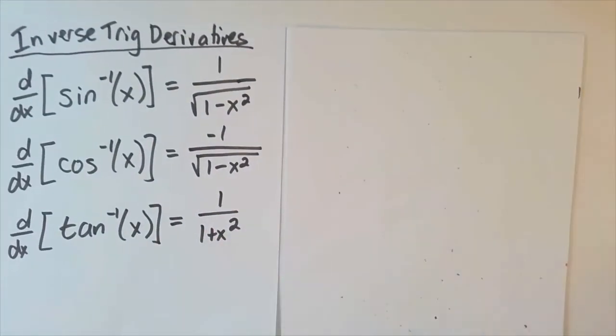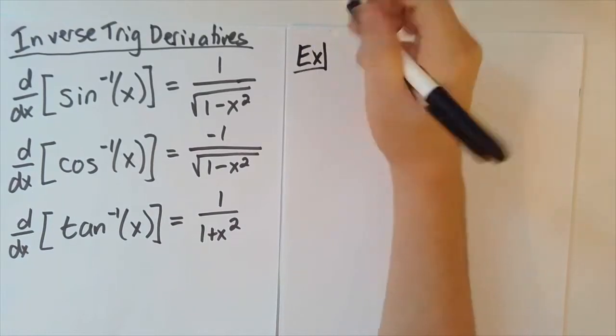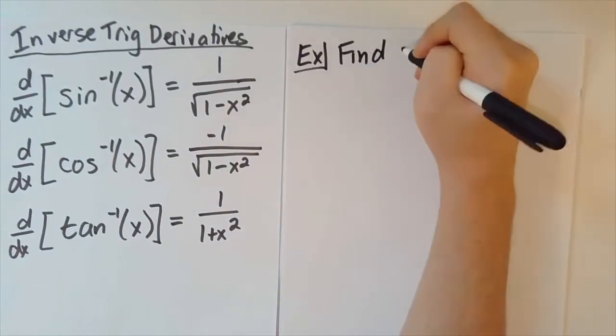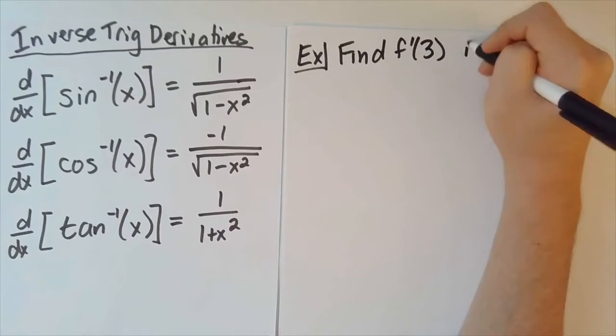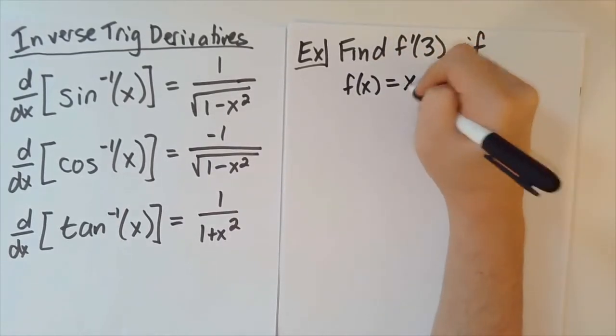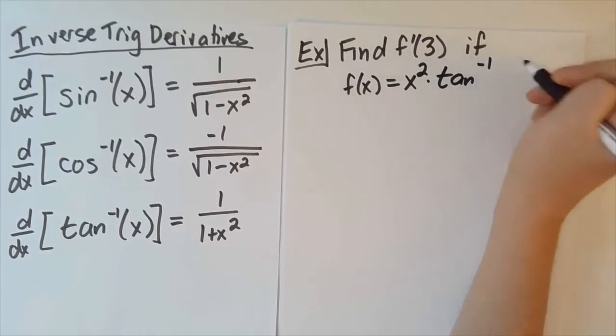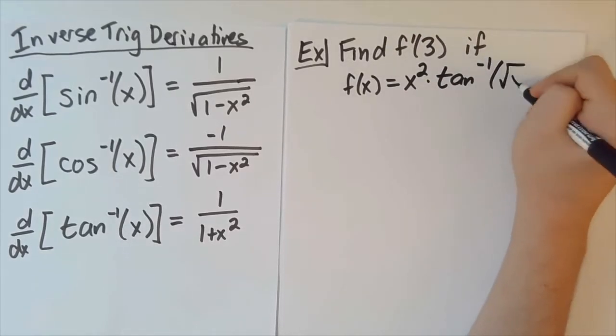Okay. Let's start with an example. Let's say find f prime of 3 if f of x is x squared times the inverse tangent of square root of x.